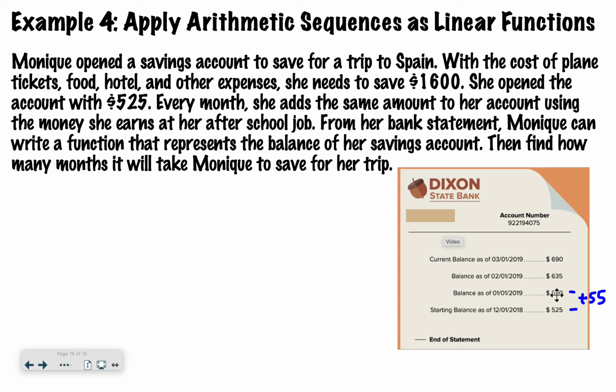And the same going from $580 to $635 and $635 to $690. So I know that my common difference is 55. All right. So now my equation, I would say a of n equals 525 plus, and then my common difference is 55, and then I have n minus 1. And that's my equation. So that's the first part of this problem.